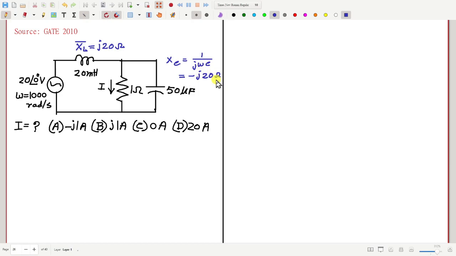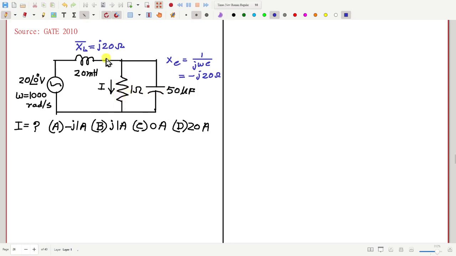Now you see we have two branches, capacitor and resistance, in parallel. However, the magnitude of impedance of the capacitor is much larger than the magnitude of the resistance.